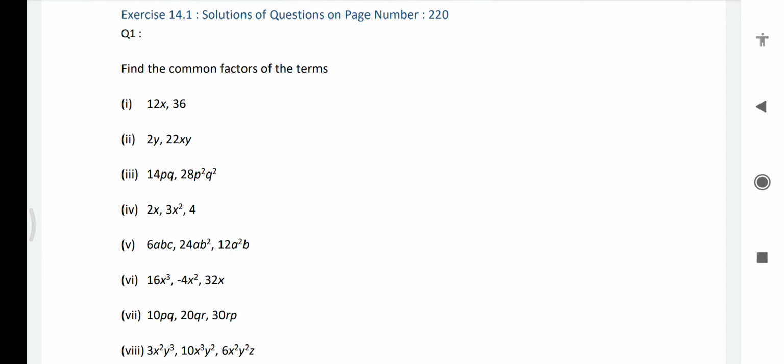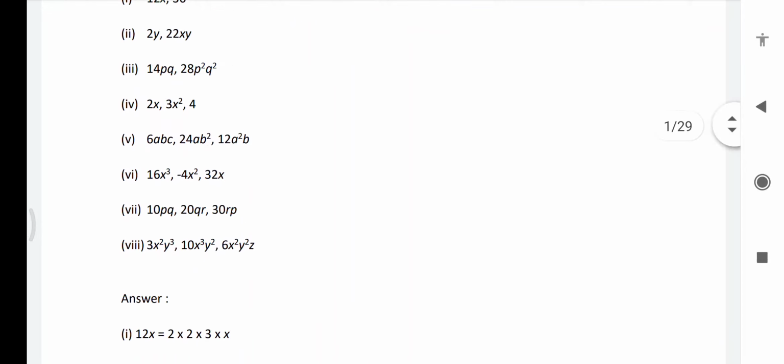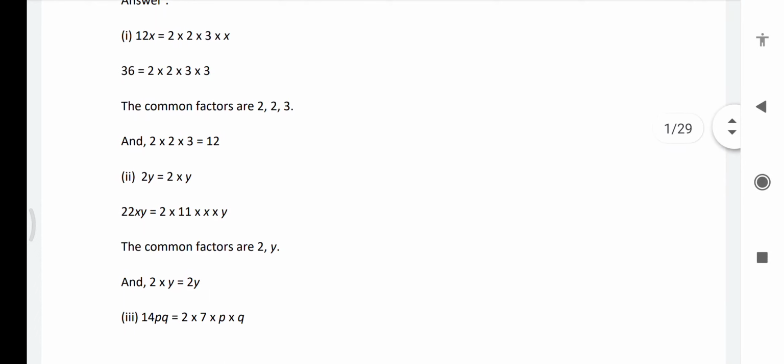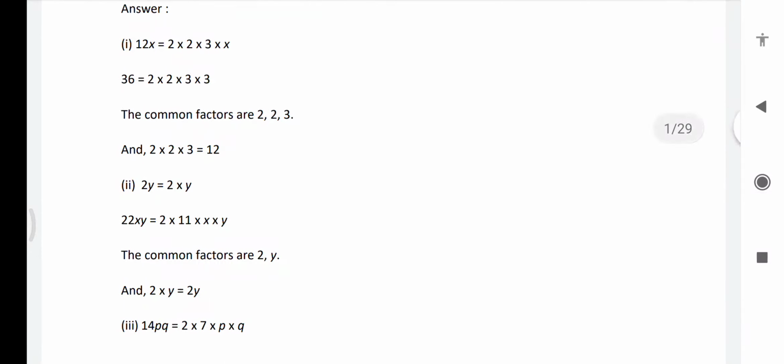To find common factors, first we write the prime factorization, then we underline the common numbers, and last we write the answer, that is the common factors. Now exercise 14.1, question 1, find the common factors. There are 8 examples. We are going to solve one by one.